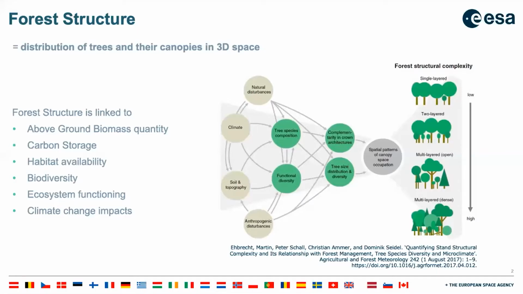So first of all, what is forest structure and why are we actually interested in it? In terms of forest structure, we're currently very interested in the distribution of trees and the distribution of their canopies in three-dimensional space, because forest structure is an indicator of, for example, how much carbon is stored in forests globally.